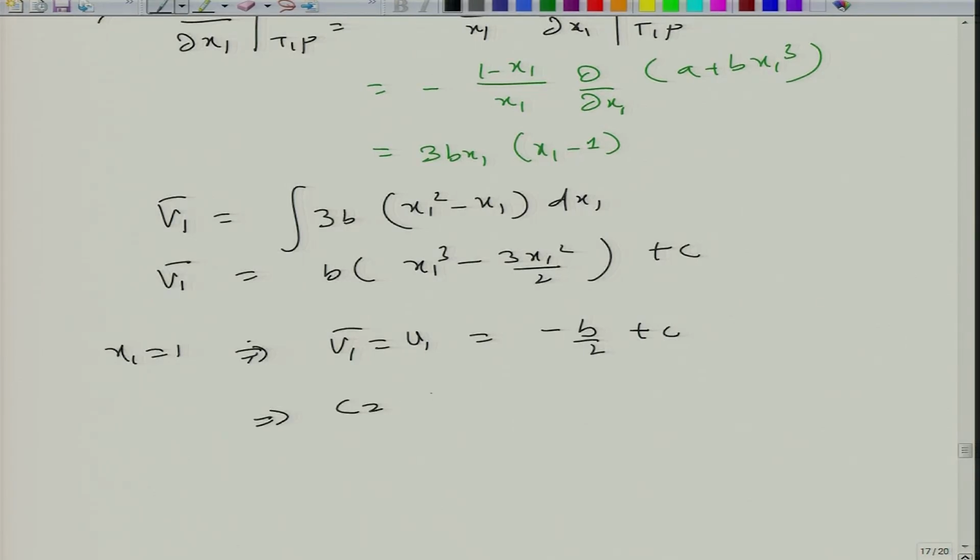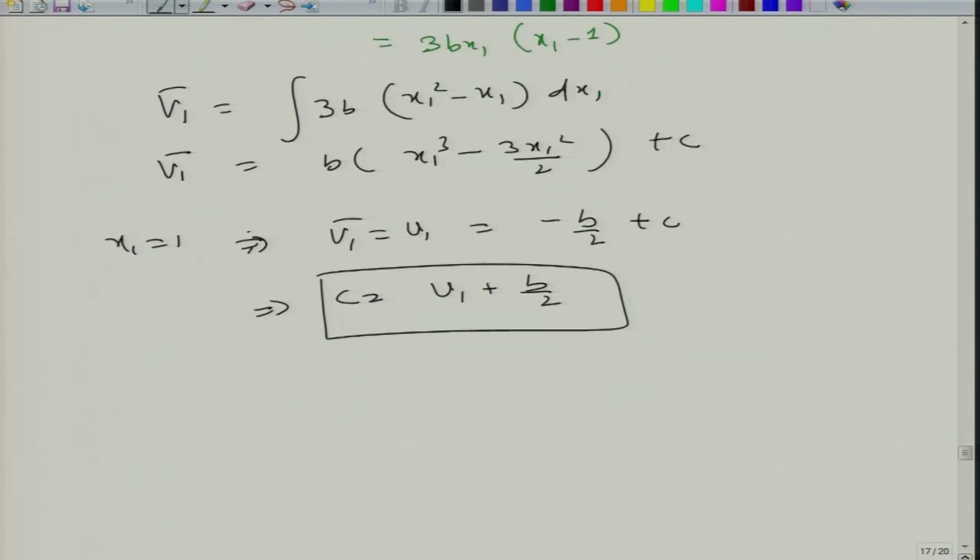This means c is nothing but v1 plus b by 2. So, we got an expression of the v1 bar. Now, v1 bar can be written as v1 plus b x1 cube minus 3 x1 square by 2 plus half. Okay.